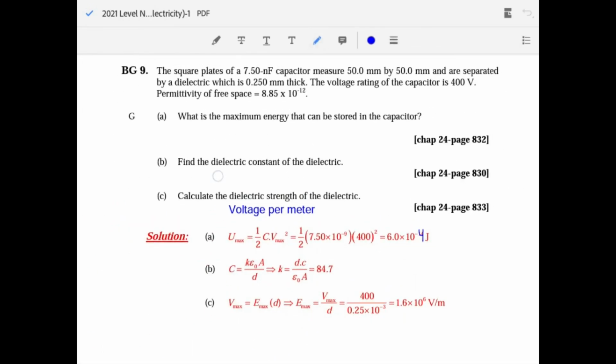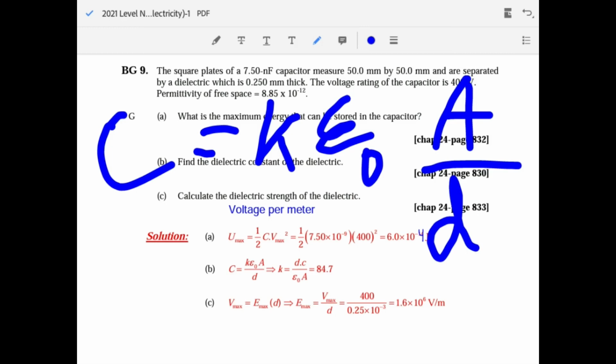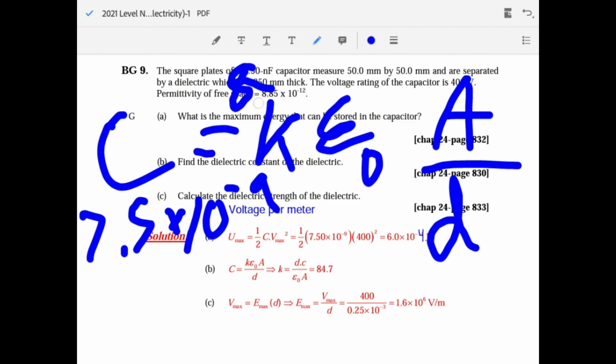Find the dielectric constant. The constant is the K of the insulator that makes the permittivity higher. So it's K, the capacitance is K epsilon naught area over distance. Capacitance 7.5 times 10 power minus 9. Epsilon naught is 8.85 times 10 power minus 12.